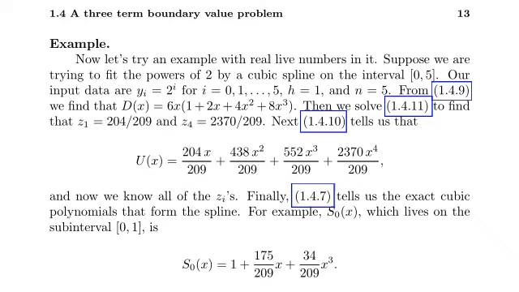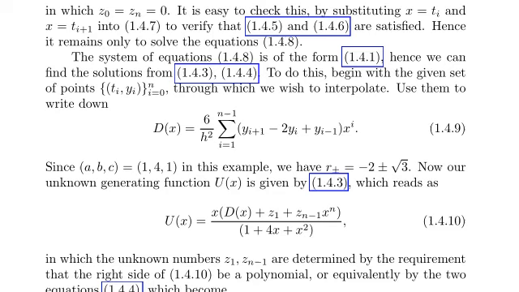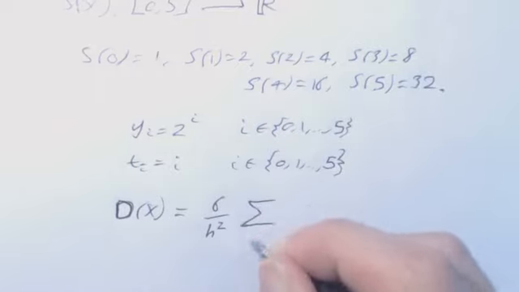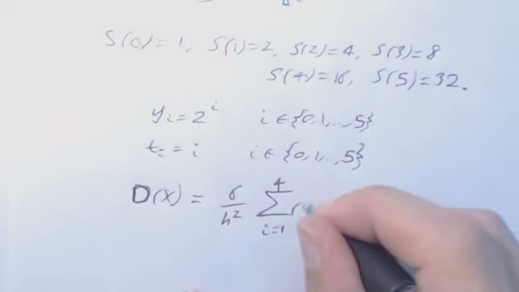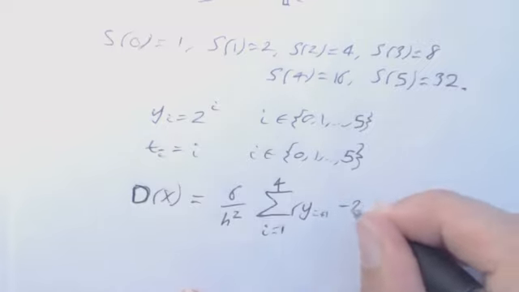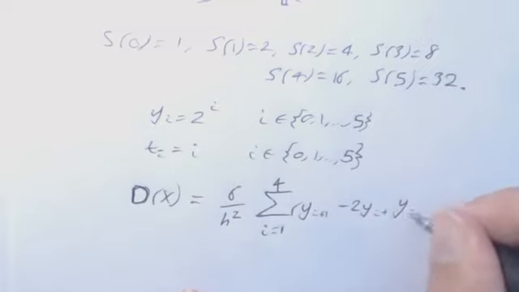So from 1.4.9 we find that d x is equal to, what was d x? What did we do? We had that d x was 6 over h squared, sum from i equals 1 to n minus 1, so 4 in this case, yi plus 1 minus 2 yi plus yi minus 1 x to the i.